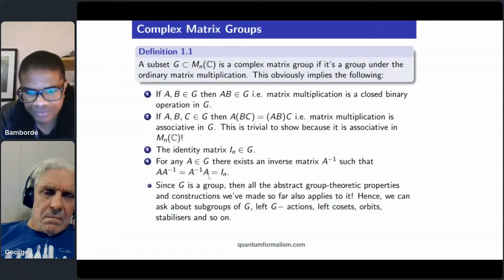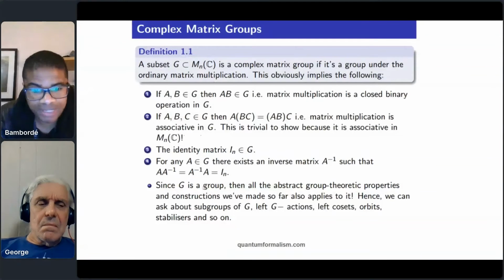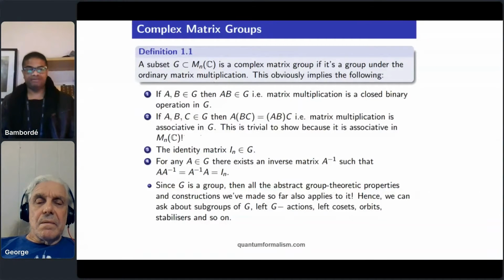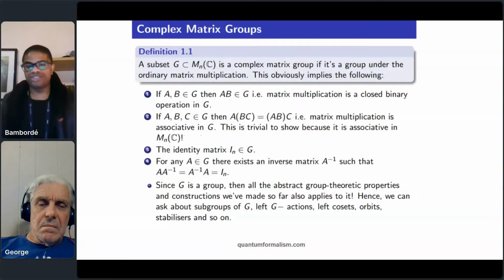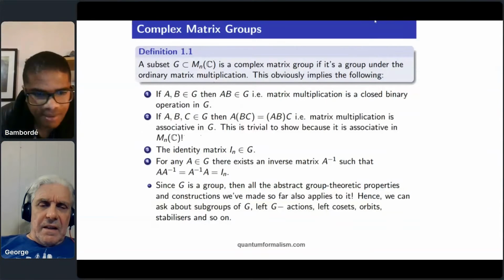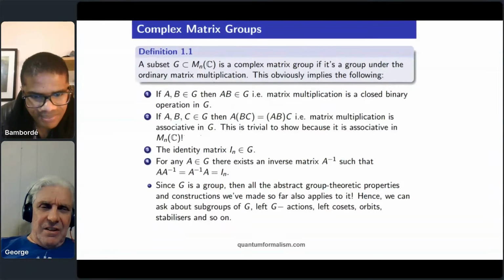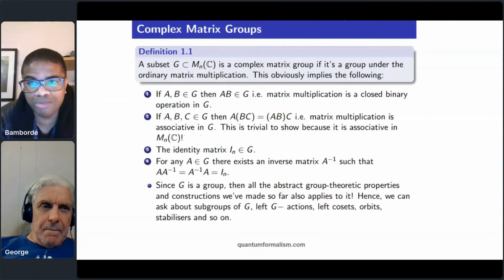That's a group. Okay, so just like in the last case, if it's a group, then we can ask everything that we can ask about groups: about actions, cosets, orbits, and so on. I guess it's clear that G actions are actions on the vector space Cn. Not necessarily. It can be an abstract group action, right?